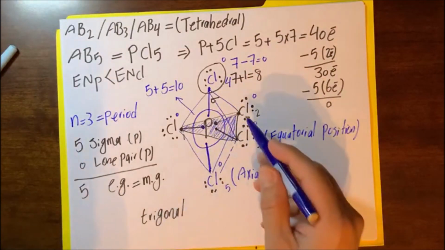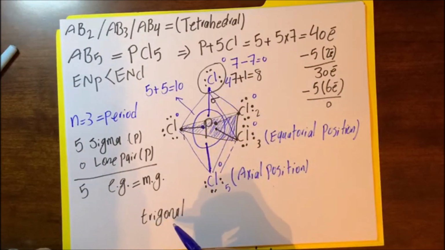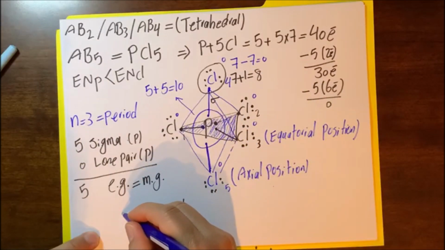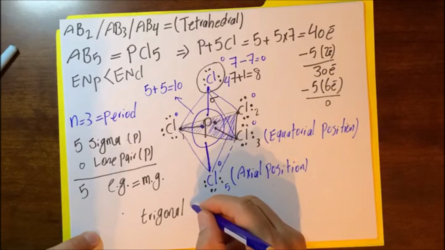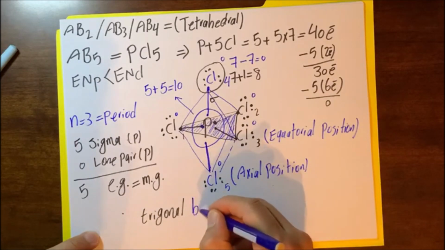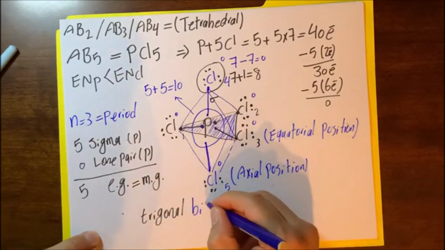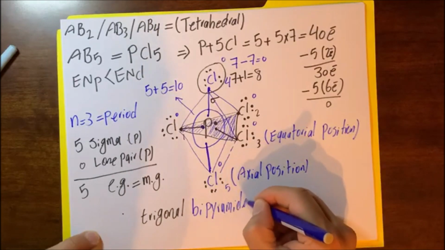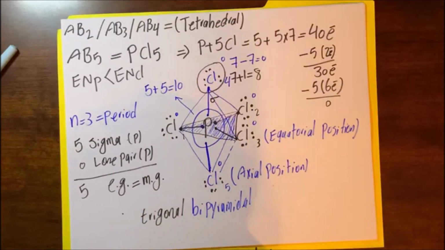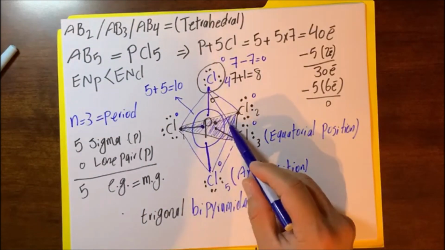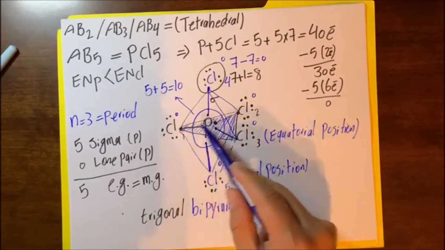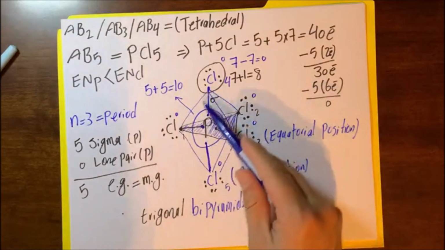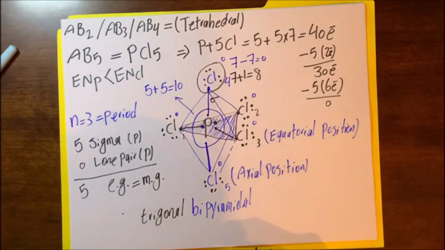A base is made of three, so I'm going to call it trigonal. I do have two pyramids, so I'm going to say trigonal bipyramidal. Trigonal because I have a base made of three atoms, and I have two pyramids, so I say bipyramidal.